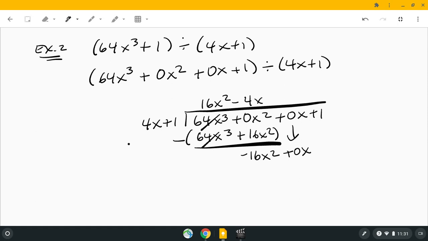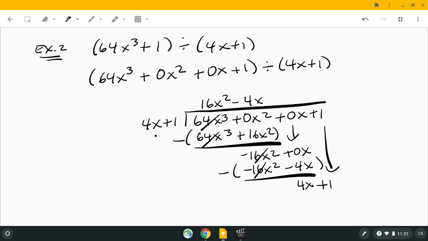Okay, and then distribute that. Negative 4x times both of these. That's negative 16x squared. And negative 4x times 1 is negative 4x. Subtract. These cancel out, and this becomes positive 4x. I guess we don't have to put the positive. 4x, and bring down the plus 1.